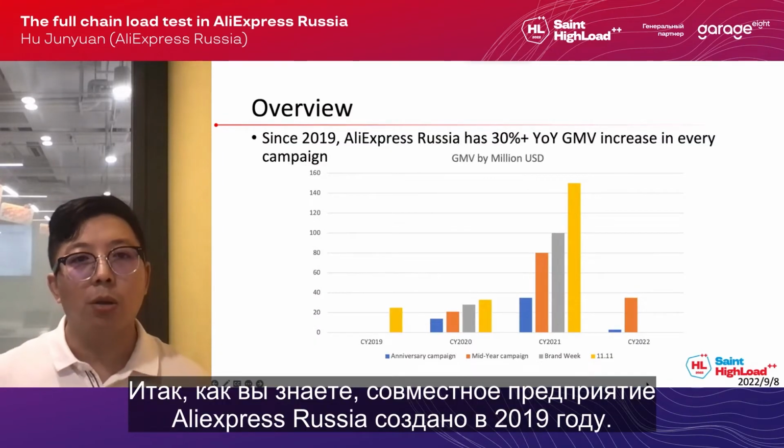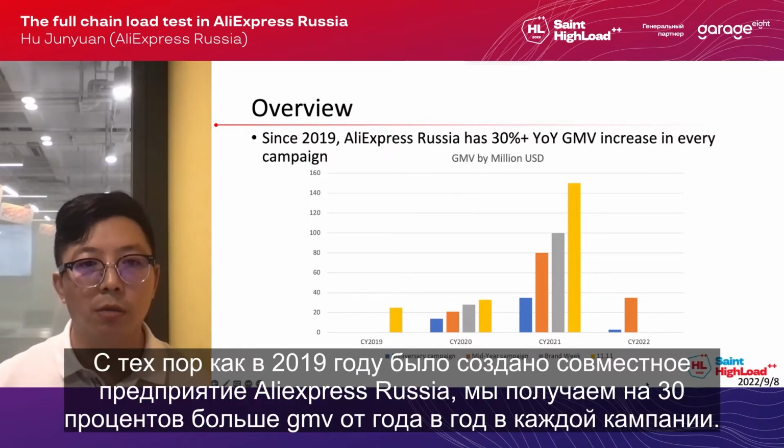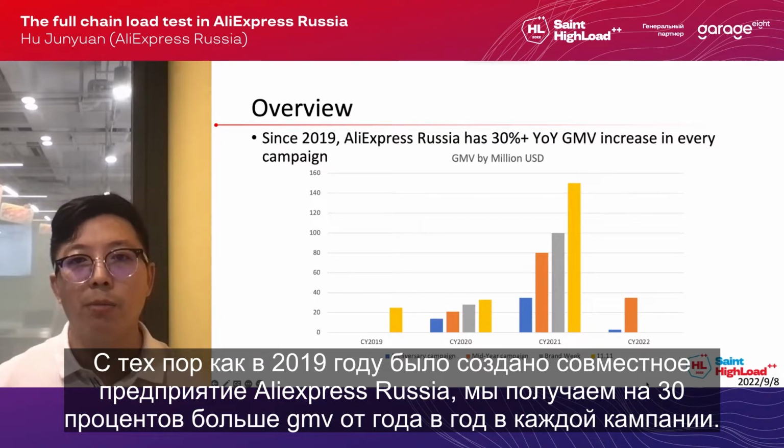As you know, the AliExpress Russia joint venture was established in 2019. Since then, we have had more than 30% YoY GMV increase in every campaign.